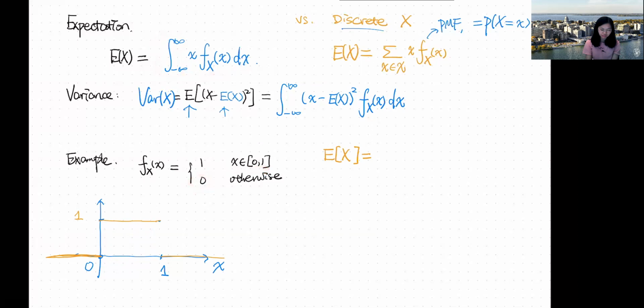Therefore, we only need to consider this interval. On this interval, the probability density function equals 1. So the integrand is x times 1 dx. And that gives us 1/2. So the expected value of x is 1/2 in this example.